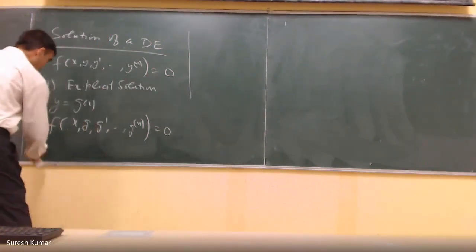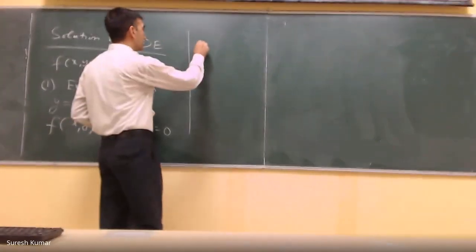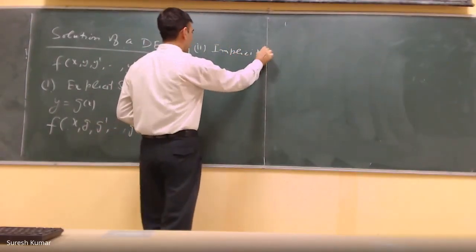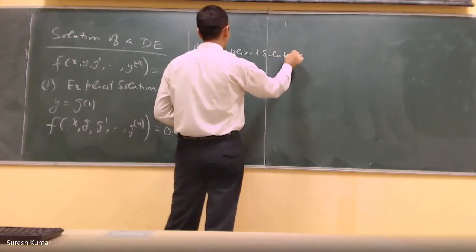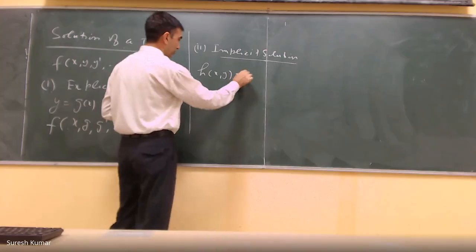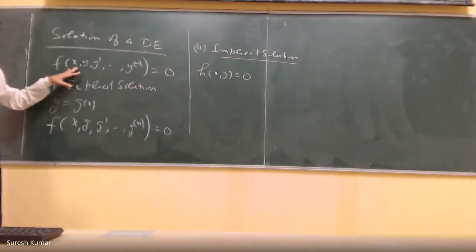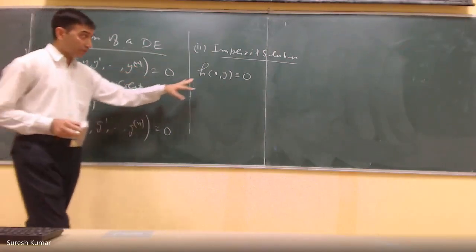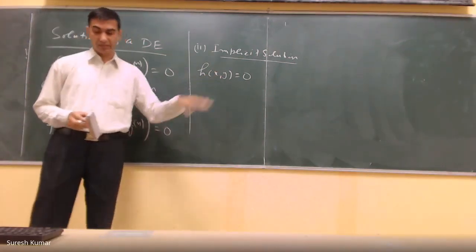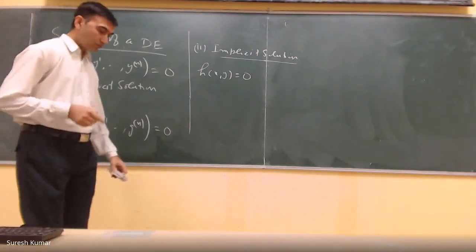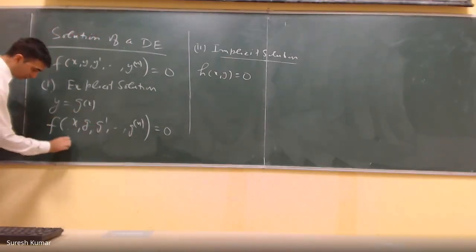Next is implicit solution. h(x, y) equal to 0 is said to be an implicit solution of this differential equation if it produces at least one explicit solution.